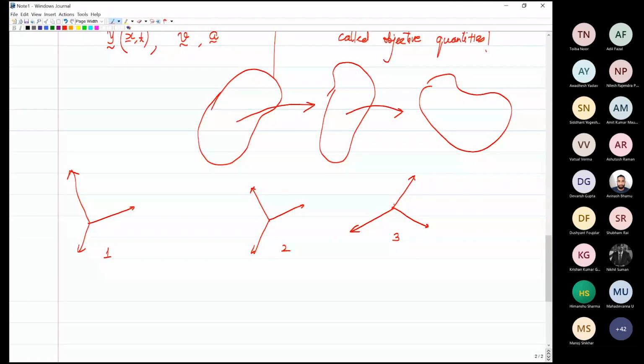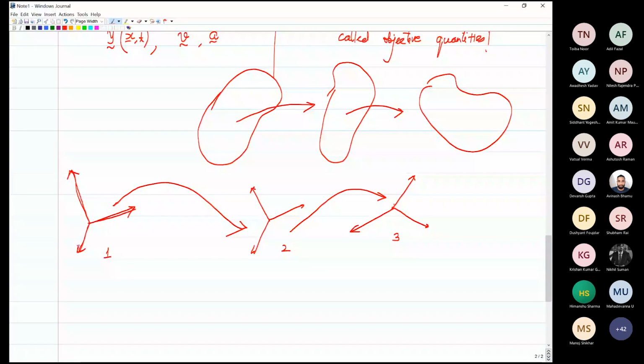But also notice that these frames can be related in some way.